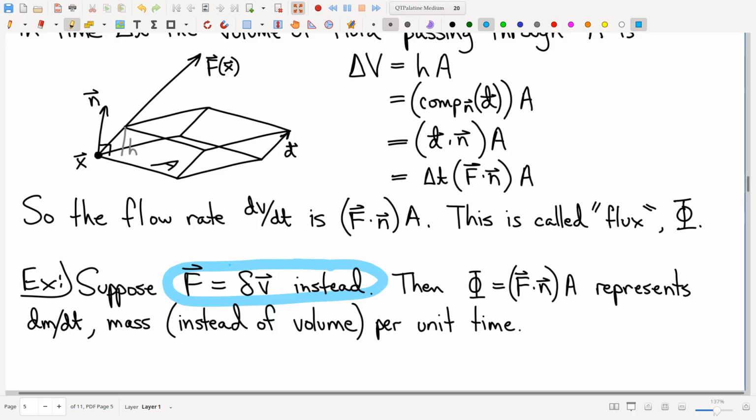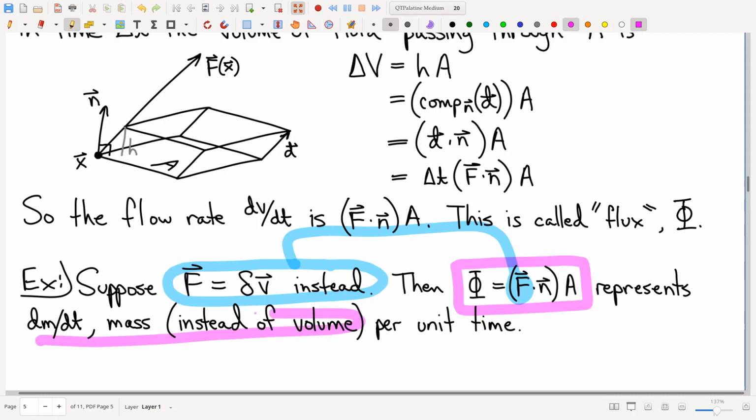But if you do this, then you get a different interpretation for flux. We expect a different interpretation of the vector field, so a different interpretation of the flux. And what you get is mass per unit time instead of volume per unit time.